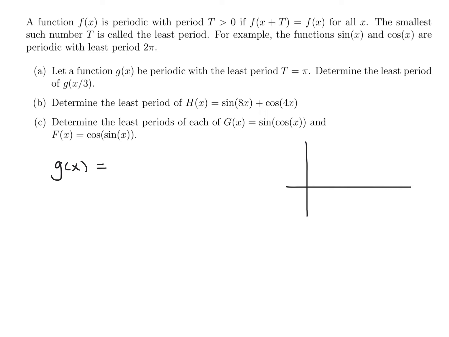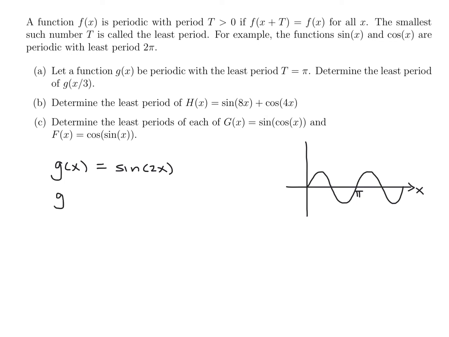So if the period is pi, that means it's got to go through one full cycle by pi on the x-axis. And that is the graph of sine of 2x, because the sine of x has a period of 2 pi, and they even told you that in the question as an example. Okay, so this works. This is an example of a function that has the period of pi.